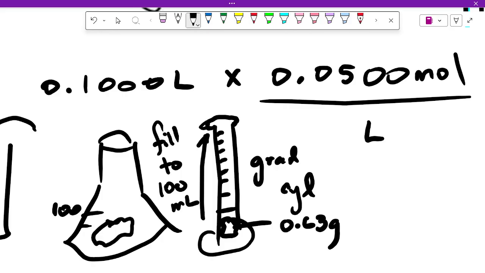If you were in my class last year, we made solutions in this container. You ever seen one of these before? Oh. What is that?